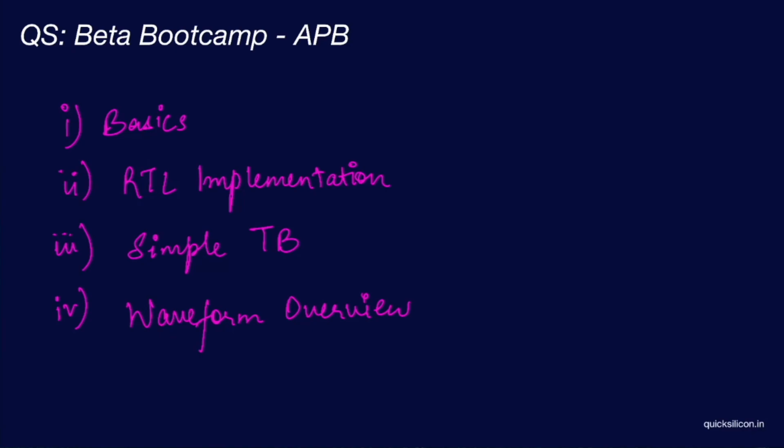We'll spend less than 10 minutes here and straight away jump into the RTL implementation, because once we start implementing the RTL, a lot of things will start becoming clearer and you will gain more understanding about the different timing requirements and how the particular protocol works.